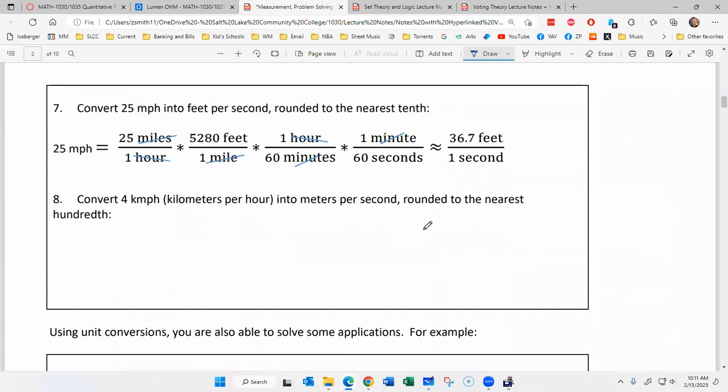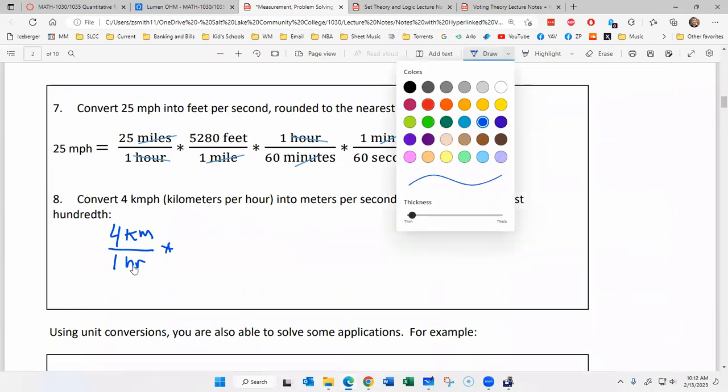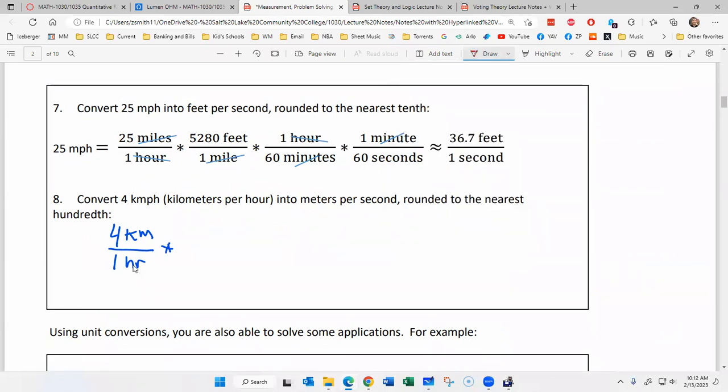Okay, so if we have a rate for kmph, kilometers per hour, this would be 4 kilometers, and the per is in the division, and 1 hour. So in this problem, we already have units in the numerator and denominator. We want to go to meters per second. We can choose, for example, let me do in red, the conversion from time, hours to seconds.